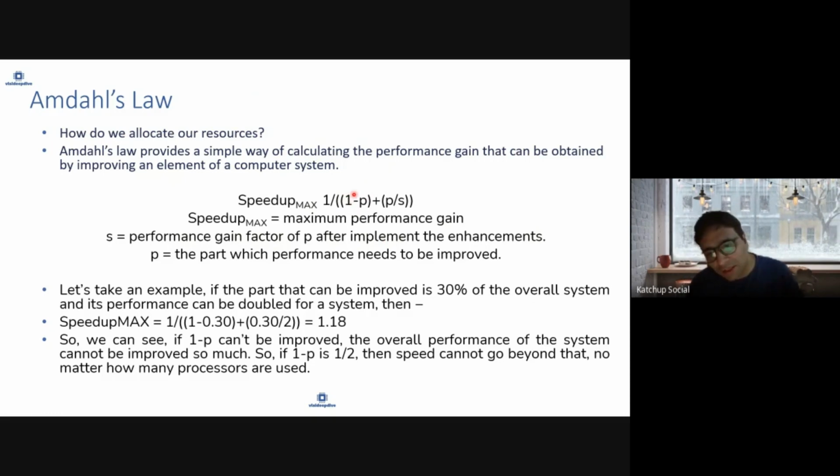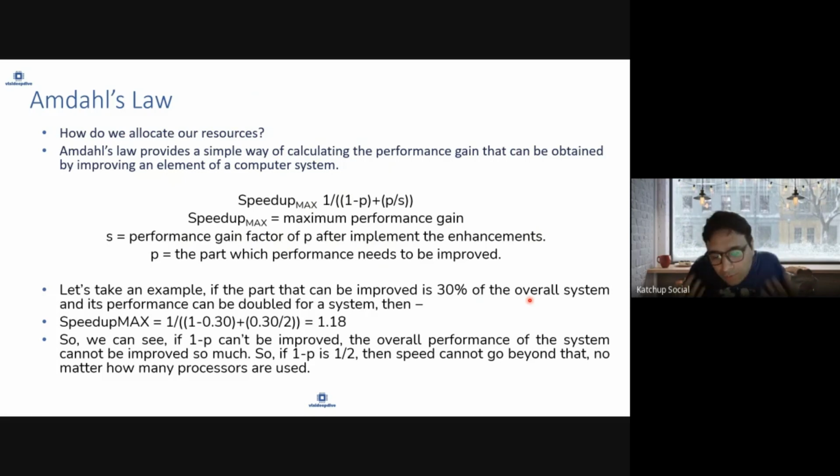So let's take an example. Let's say you have a part that is 30% of the overall system performance. If you change this, only 30% of the system can be changed.